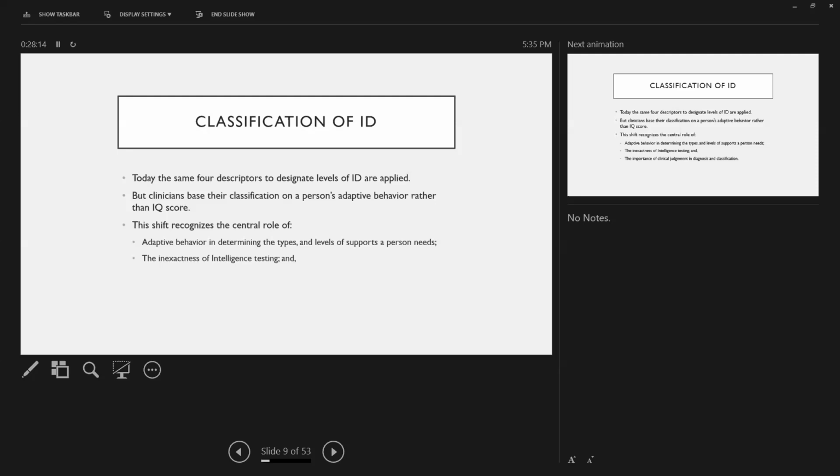Does anyone know what it means for a test to be reliable? Have you heard this term? I think so. Yeah, a test is reliable if it consistently measures what it says it's going to measure.